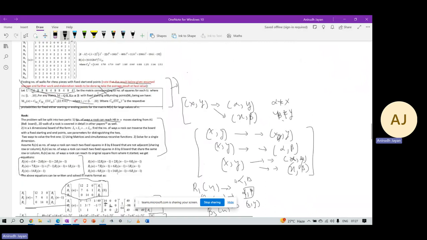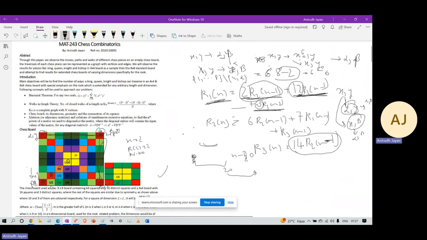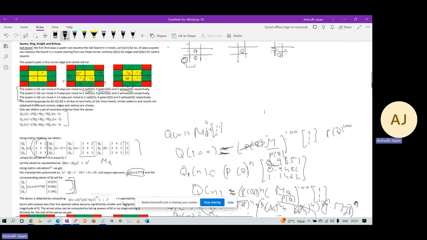Now this is very simple because the rook moves in 14 ways in every square, and there is a 1 by 64 chance that it will reach one of the squares. So it has 14 power n by 64 as the probability. 1 by 64 is the probability that it will reach the square. So 14 power n by 64 is the number of ways a rook can reach H8 from A1 in approximate terms.